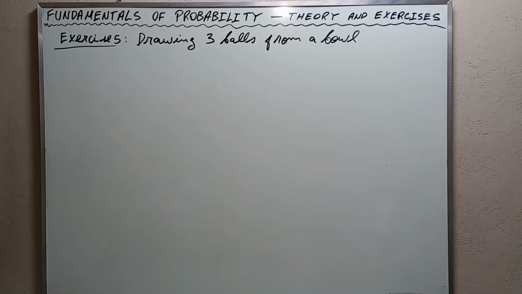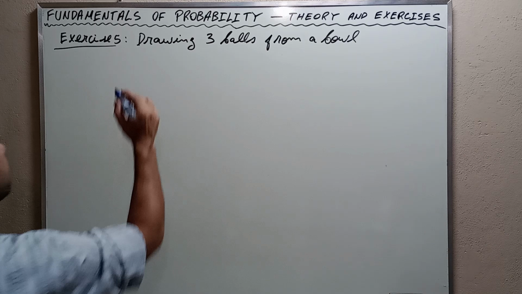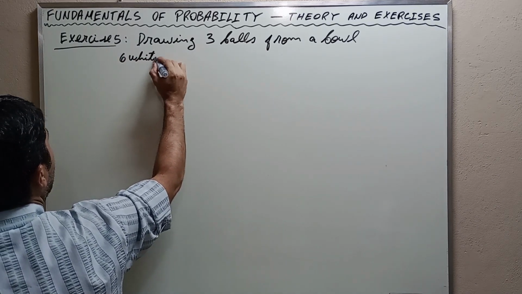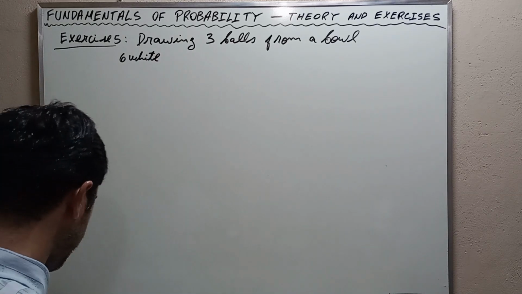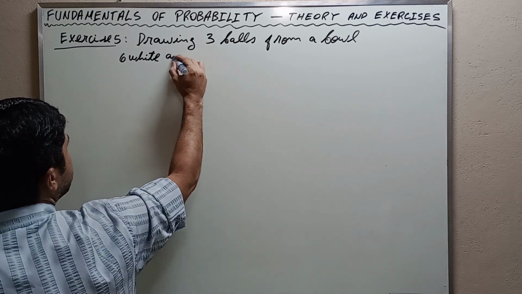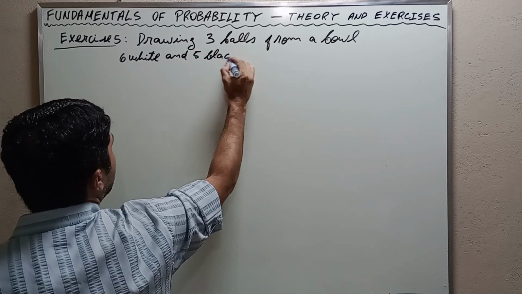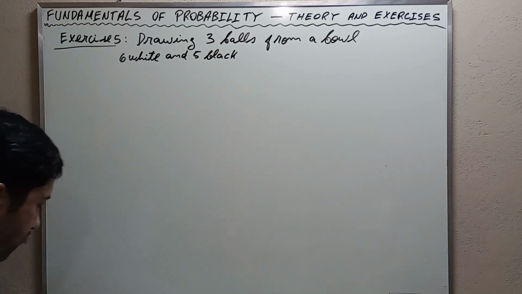Knowing that we draw 3 balls, if we regard the order in which the balls are selected as relevant, then the sample space will consist of, we have 6 white balls and 5 black balls.